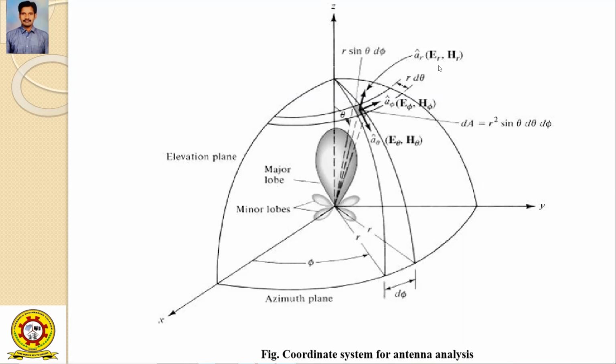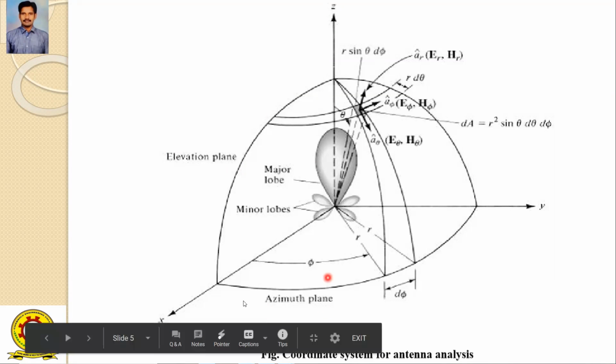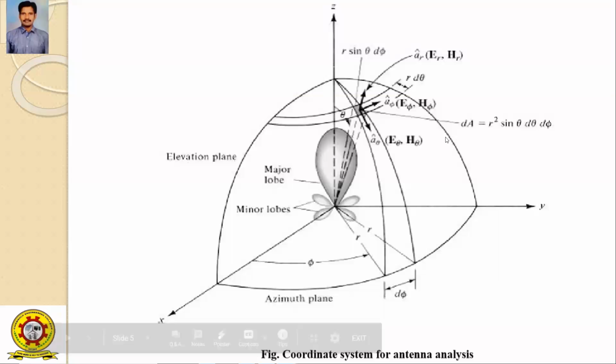In this radiation pattern, by close examination, we are able to find the elevation pattern, the azimuthal plane, and the major lobe and minor lobe.